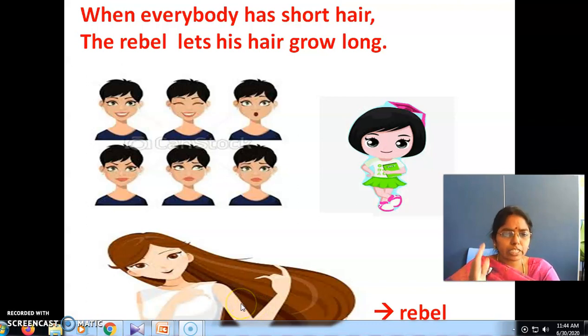He wants everything to be different. He wants his mind to be free and independent. Whatever he or she thinks, that has to happen. That is what a rebel is. So the rebel wants his hair to grow long. Is there any doubt in these two lines here? Shall we move to the next two lines? Right?